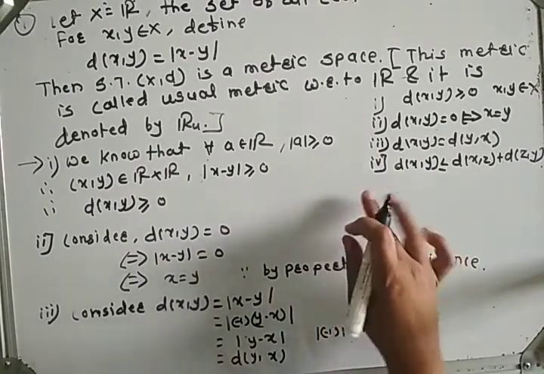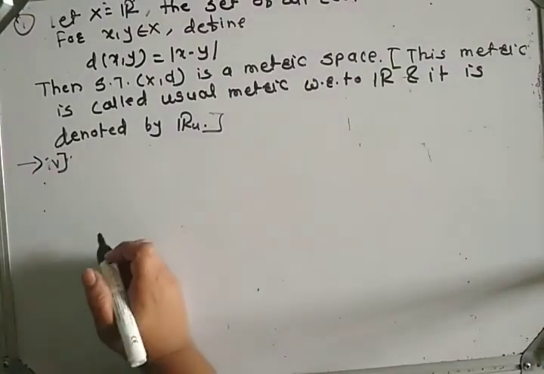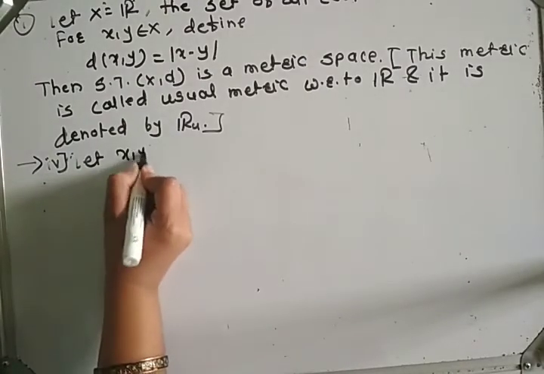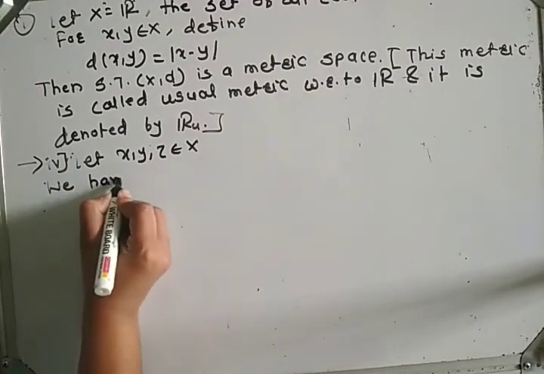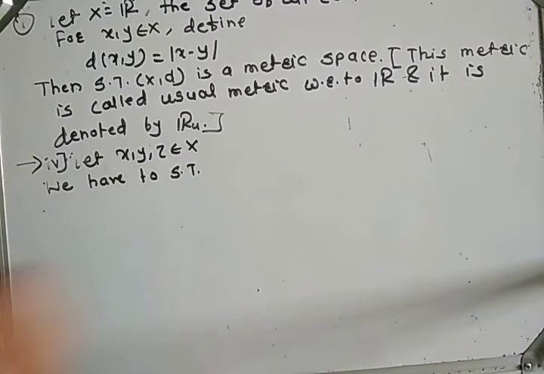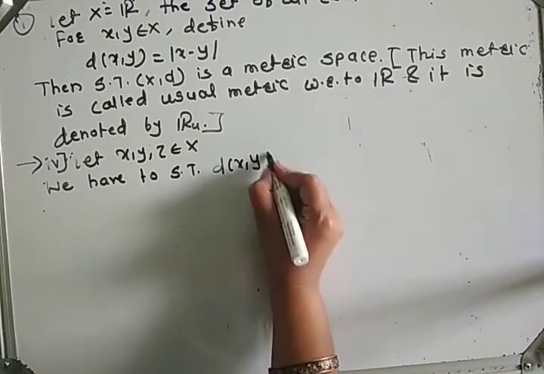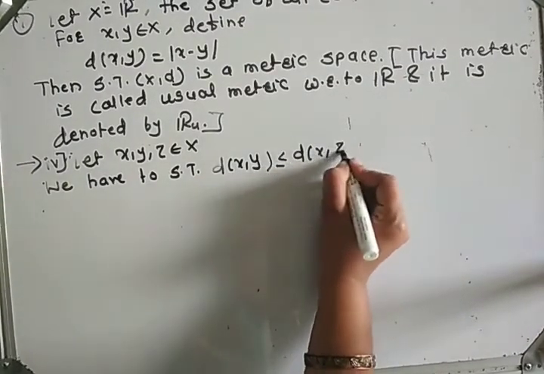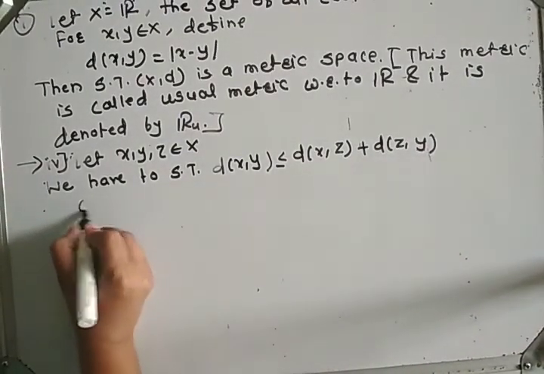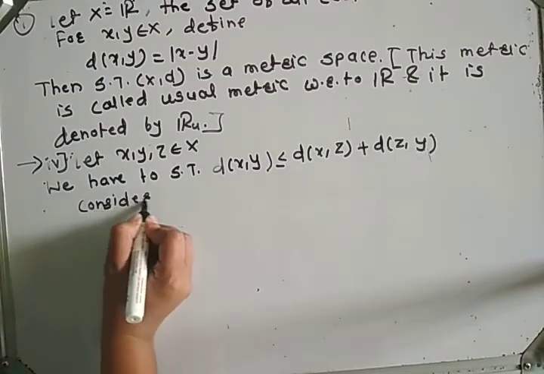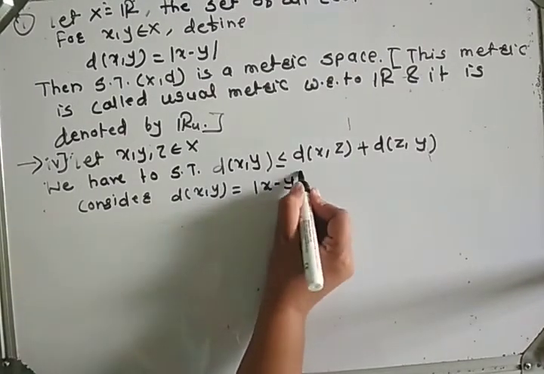We have to prove the fourth property, the triangle inequality. Let x comma y comma z belong to capital X. We have to show that d of x comma y is less than or equal to d of x comma z plus d of z comma y. Consider d of x comma y is equal to mod x minus y.